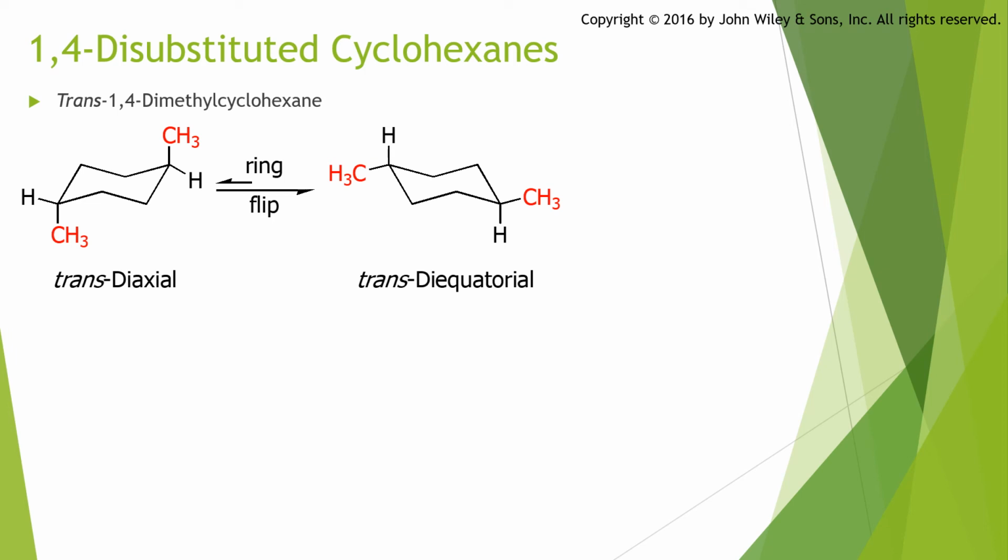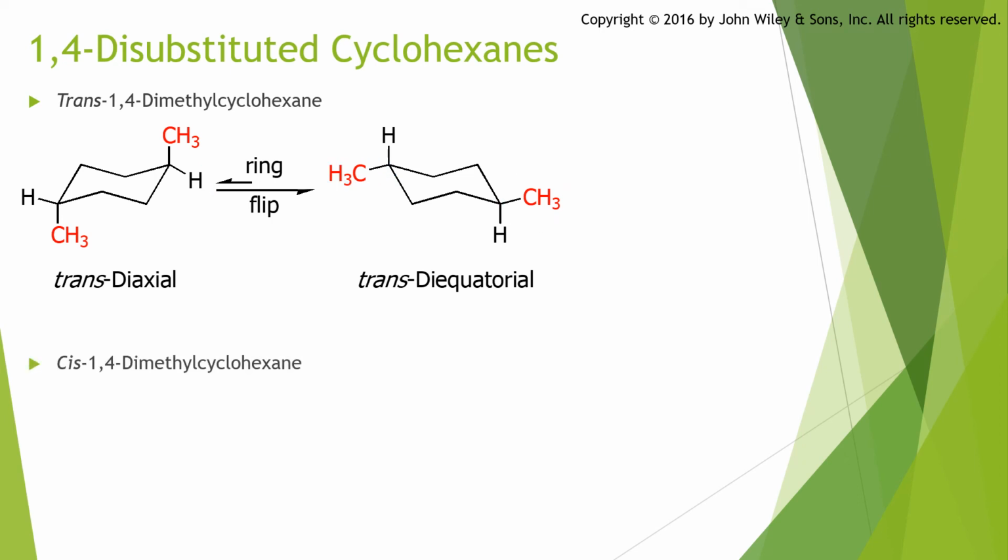And if you do a ring flip, you're going to see that you can also put them in the equatorial position. And again, if you're not sure what ring flip means, watch the video. It's very helpful. Otherwise, this is very confusing. Once you do the ring flip, the methyl groups can be in the equatorial position, and they're both going to be equatorial because they are across the ring from each other. And that has one down, one up. This is trans.